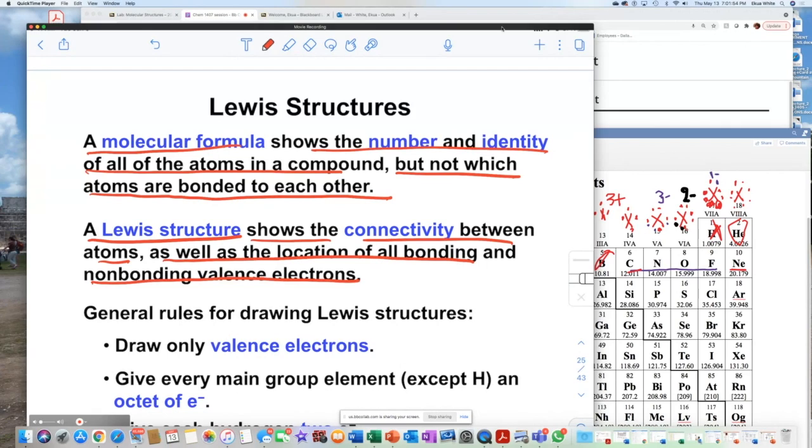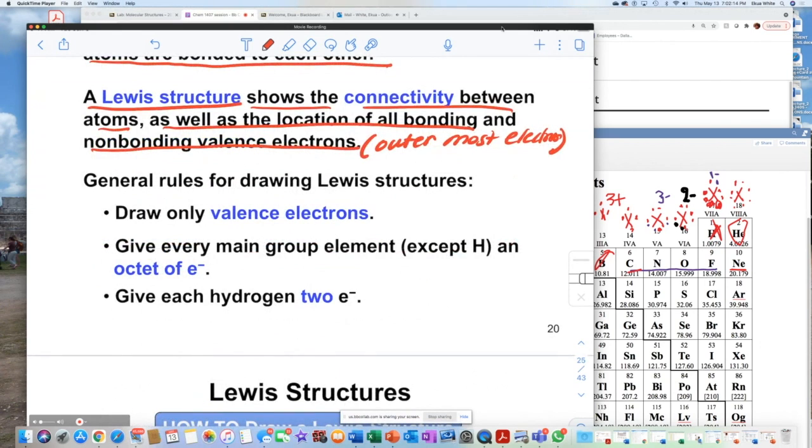So here's the bottom line. Within the atom, the outermost electrons are the ones that get exchanged to form bonds. These outermost electrons are called the valence electrons. They're very close to the edge of the atom, okay? So we're going to go over rules for drawing Lewis structures.